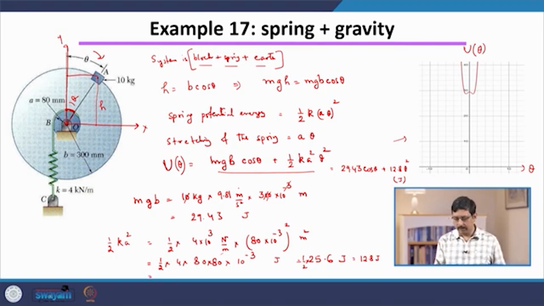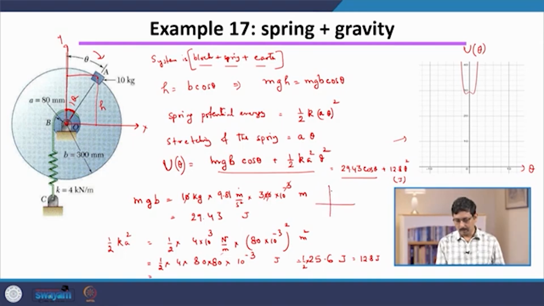So, how does this function look? The way to do it is to first plot each of them. You know how cos theta looks like. It varies from plus 1 to minus 1. So, some constant times cos theta will vary from plus a to minus a.